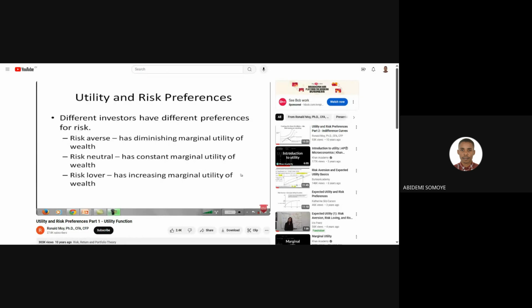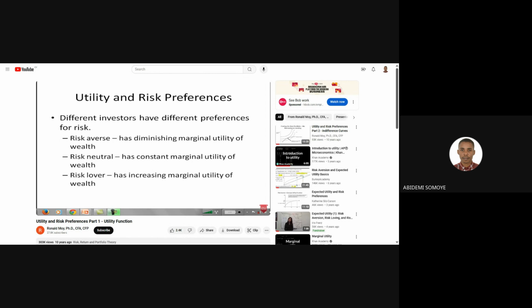You can have a risk neutral investor. This is a person who exhibits constant marginal utility of wealth. This is the case where when you get a $1 increase in wealth, you get the same increase in utility. So going from $1 to $2 is the same as going from $100,000 to $100,001.